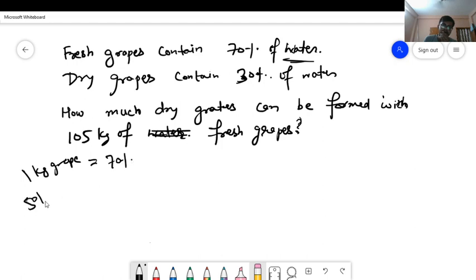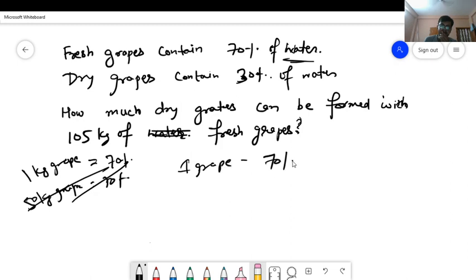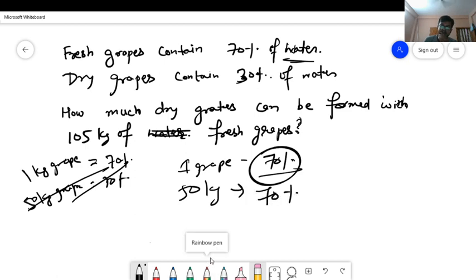If I take 50 kg of grapes, that would also contain 70% of water. If one grape contains 70%, then each would contain 70%, right? If I take 50 kg, then 50 kg would also be 70%, right?